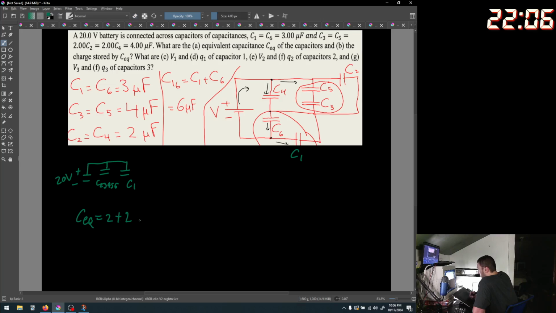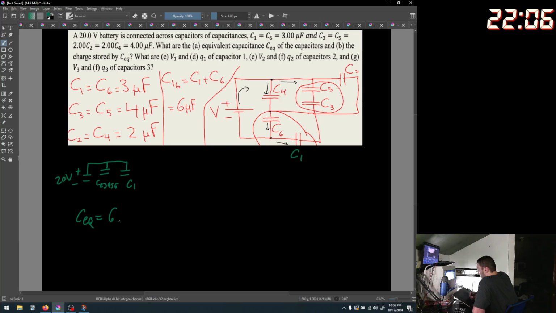Let's see, 2,3,5, which is parallel with C4. C4 is 2. 2 plus 4 is 6. C2,3,5,4 is in series with C6.